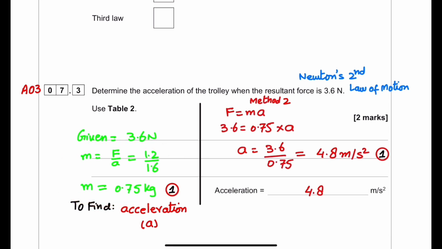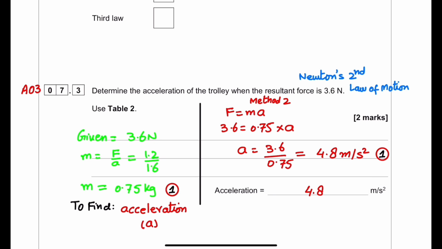We will use the formula F is equal to ma. The force is 3.6 Newton. The mass is 0.75 kilograms. We need to find the acceleration a. We will make a the subject. Therefore, 3.6 will be divided by 0.75. With the help of the calculator, the answer is 4.8 meter per second square.